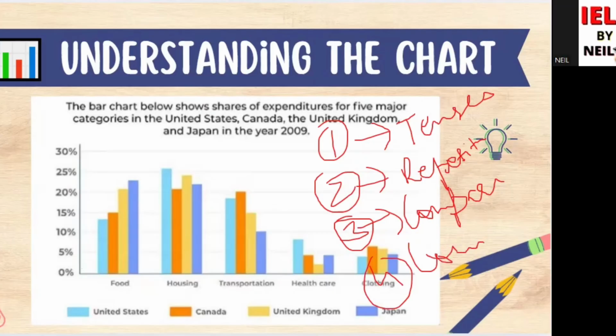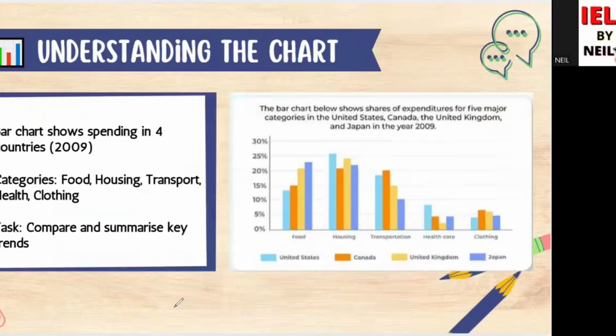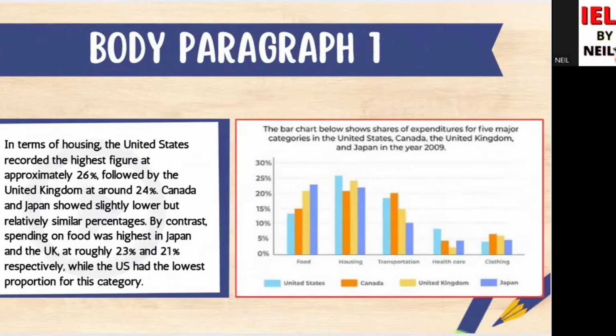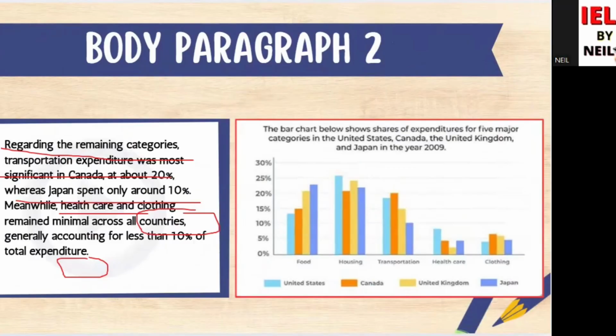Of course, we don't have to overdo it, but for example, I'll show you. This is the first sentence, and then I started the next sentence with a connecting word. If you look at the second body paragraph as well, connecting word here, connecting word here. So we have to try to use connecting words for better cohesion.